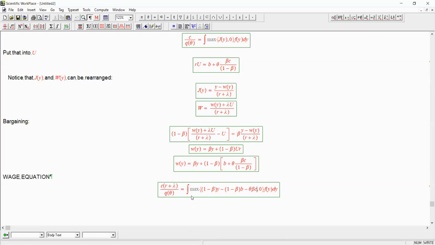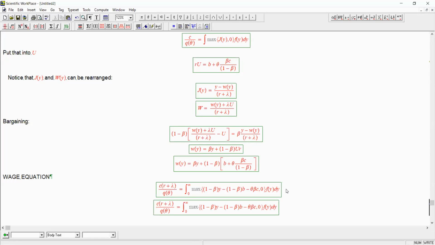which has an alternative writing. Now let's be careful about the limits of integration here. Before, this goes over some range of y, and let's just imagine without loss of generality that it's 0 to infinity. Of course, if f is 0 above some value, then we can have an upper bound here. Just like with the one-sided search model, we're going to do a transformation here. Remember that as before, this maximand is a strictly increasing function of y, our variable of integration.